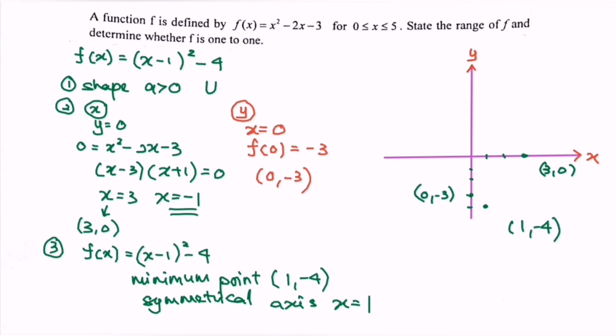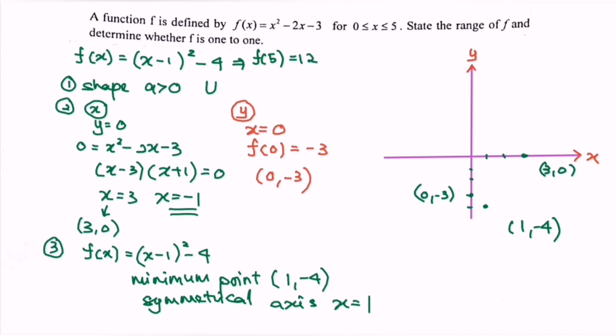Next, kindly focus on the domain 0 until 5. If x is 0, the point will be 0, negative 3. What about the 5? What we have to do is substitute 5 into the function. So f(5) equals (5 minus 1) squared minus 4. 4 squared is 16, minus 4, and we will have 12.